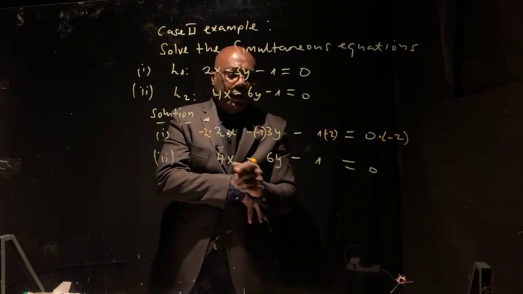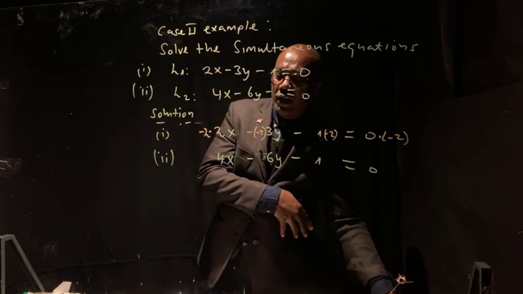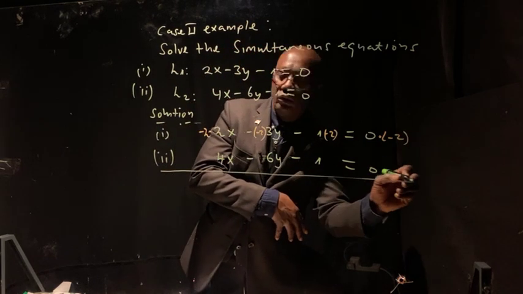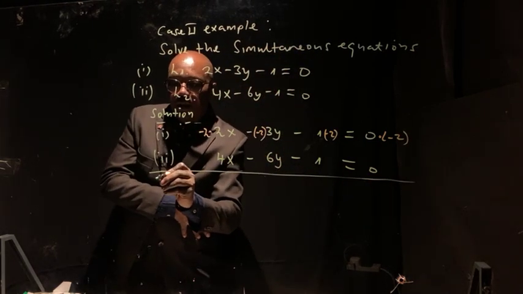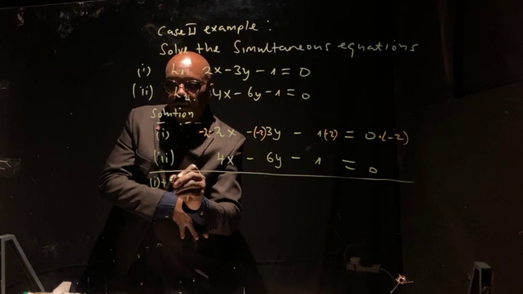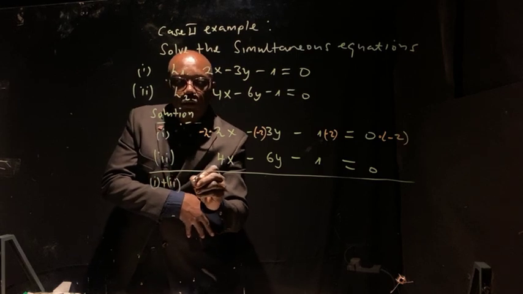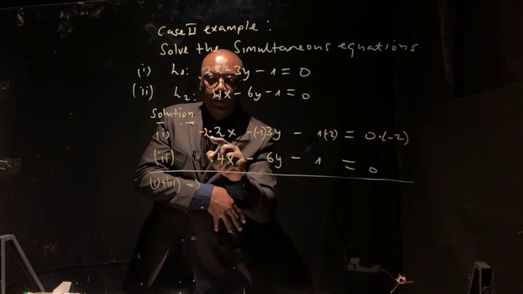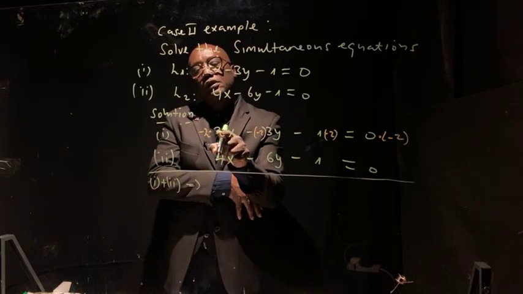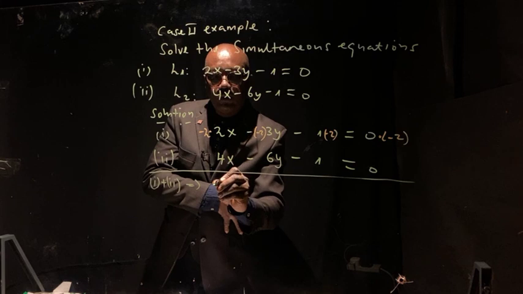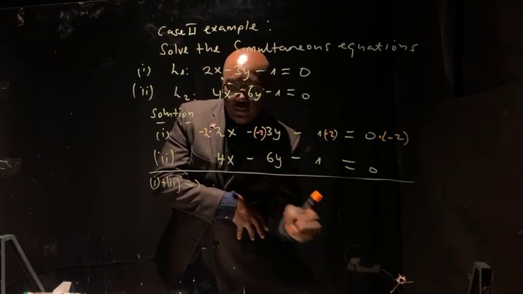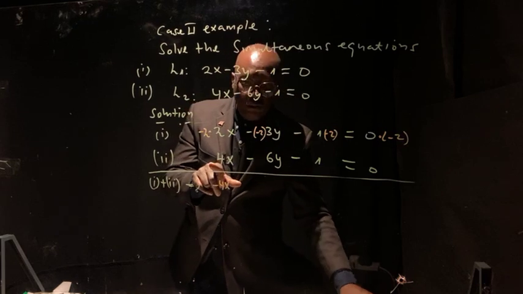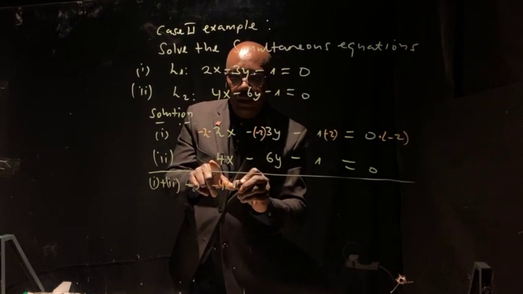Now, let us try to add equation 1 and 2. Adding equation 1 and equation 2 will give minus 2 times 2x, we have minus 4x, when we add it to plus 4x, which is this one.